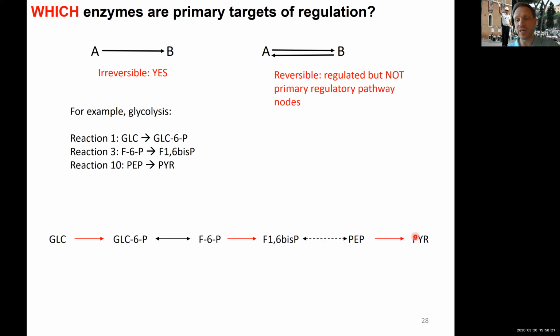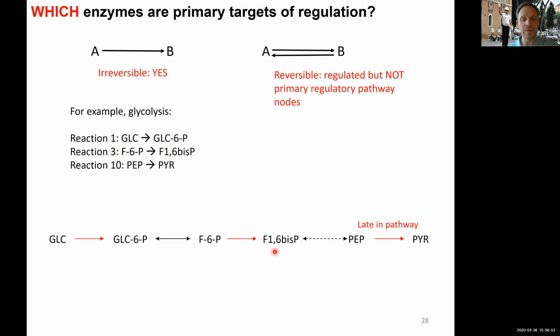So you could argue, we have learned about feedback inhibition and feed-forward activation, thinking about those things, where here would we attack? We could say, well, just downregulating this one at the end of the pathway might not make sense because we're using up all of the other resources already. So we might not want to choose this one. It will be regulated, but it might not be the most important one because it's so late in the pathway.